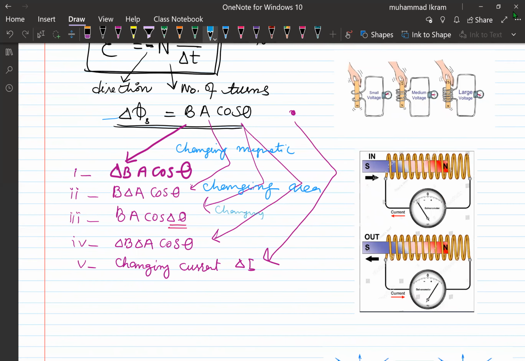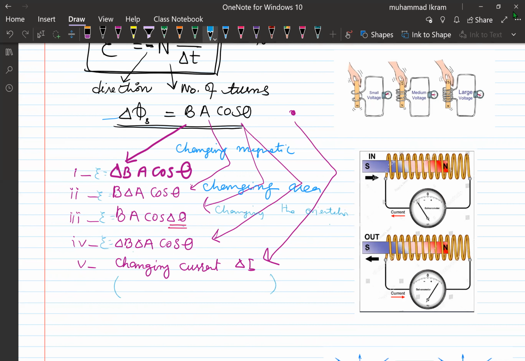Changing the orientation or position of the coil or the magnet, with the change of angle you get a change of flux, and this results in the induced EMF. If both B and A change, there will still be changing magnetic flux and induced EMF. Similarly, changing current.